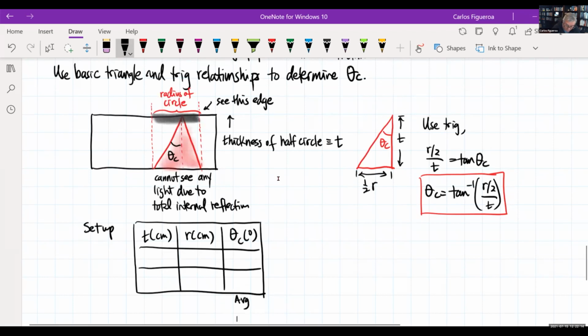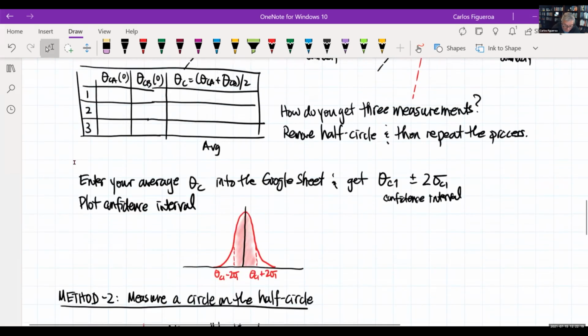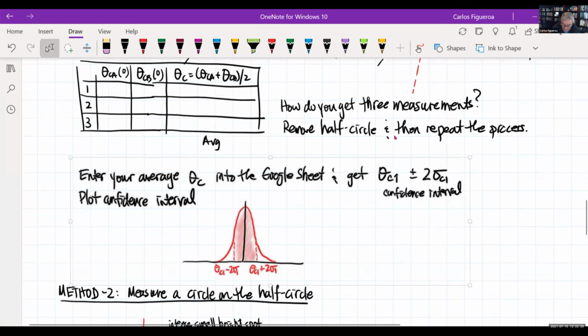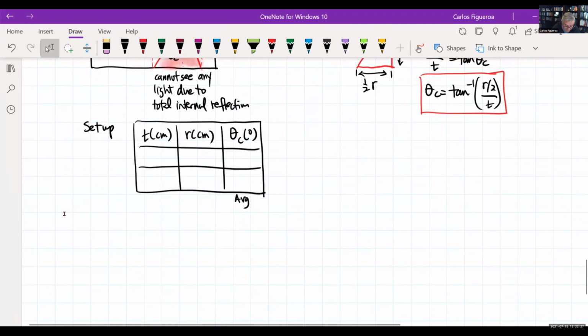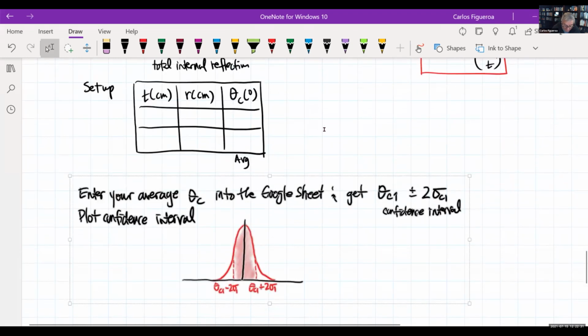And so then what do I want you to do? I want you to do the exact same thing. Check this out, I'm just going to copy this. We always do the same thing. This is science. Now I enter your value. This is method 2, so I'm going to call that C2.